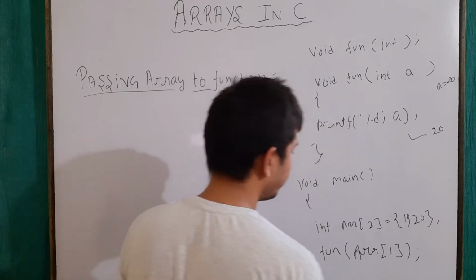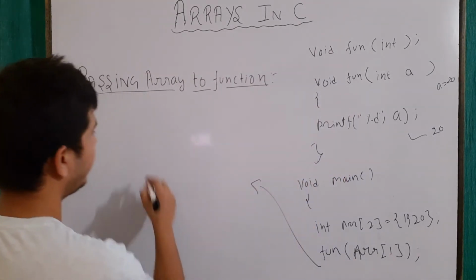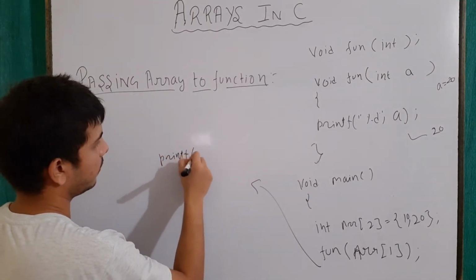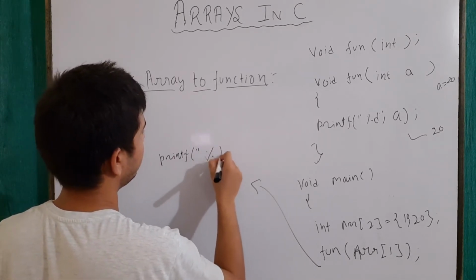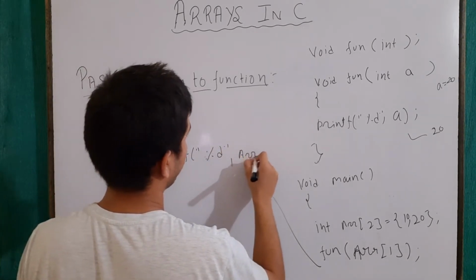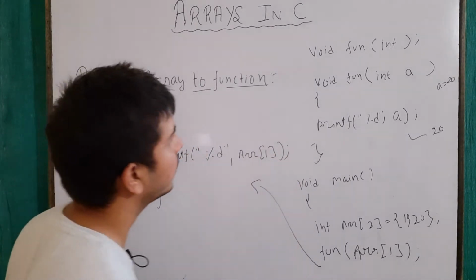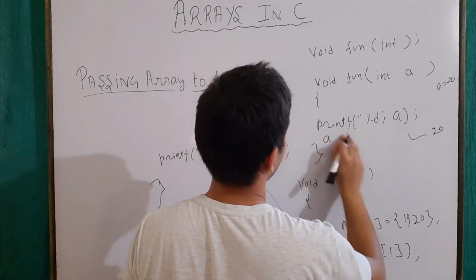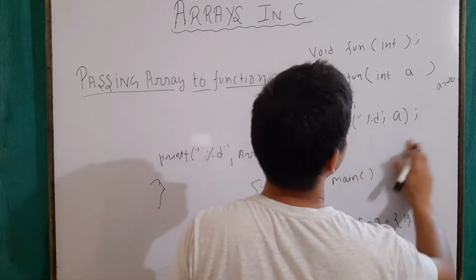What does it mean? Let's say the program continues here, and I write here printf of %d, array[1], and close, right? And also I write here a equals 45, or before it I write a equals 45.